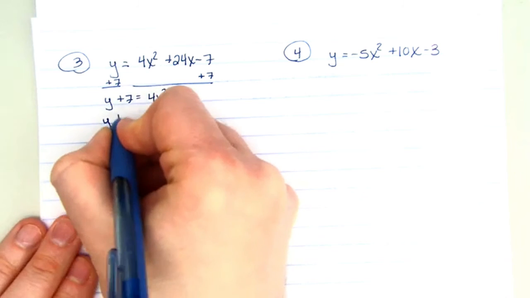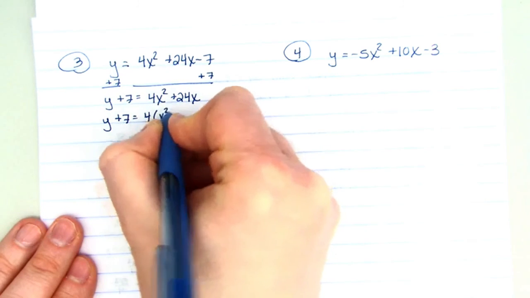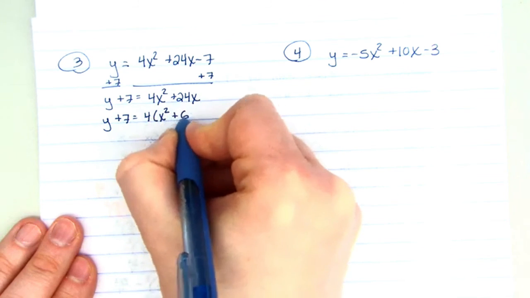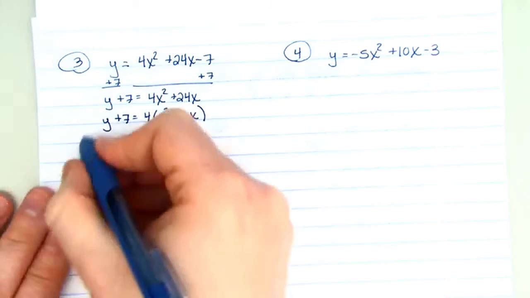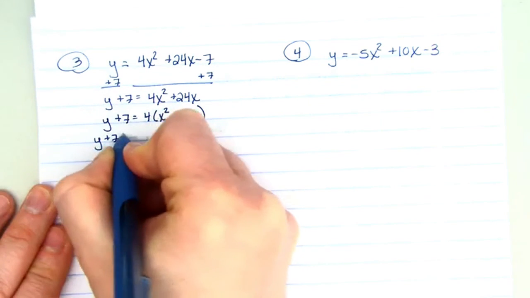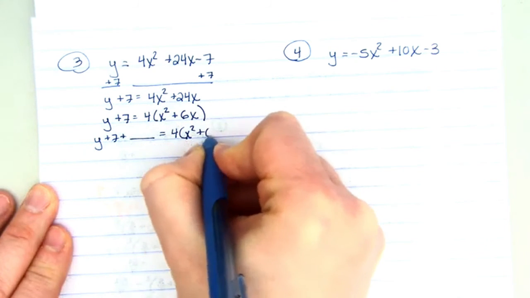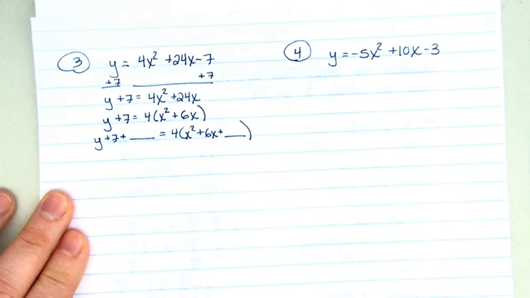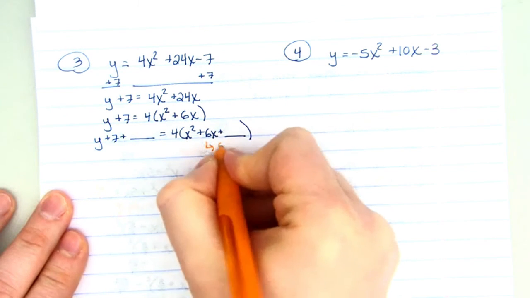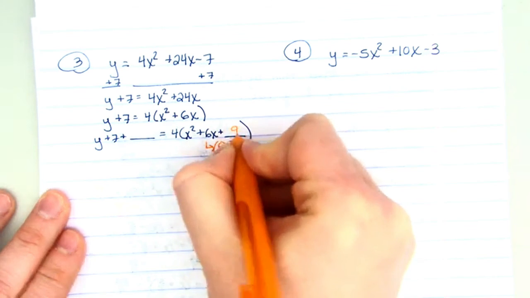Y plus 7 equals 4 times x squared plus 6x. I'm going to rewrite this with some spaces. 4 times x squared plus 6x plus something. I need to do half the middle number squared. Half of 6 is 3. Squared gives you 9. I'm going to stick a 9 there.